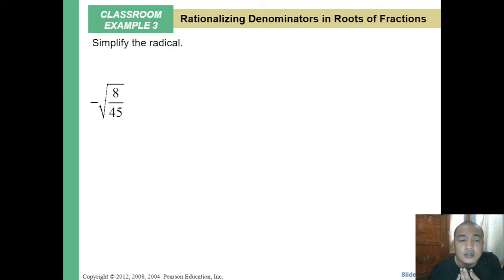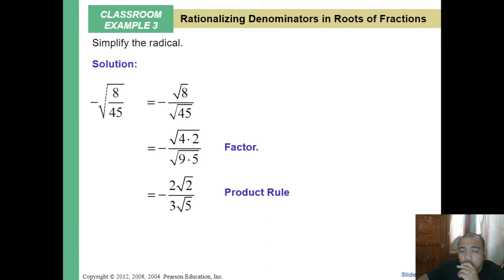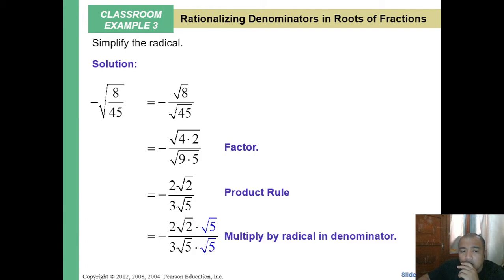How about this? What will we multiply? Let's first simplify. 8 is 4 times 2, and 45 is 9 times 5. So it means negative 2/3 square root of 2 over square root of 5. Then let us rationalize.